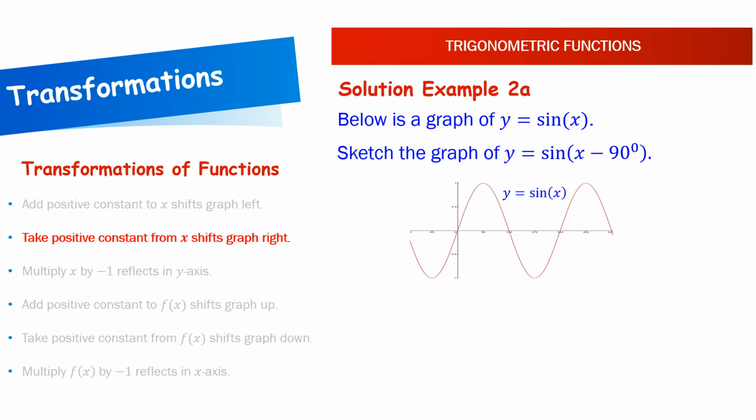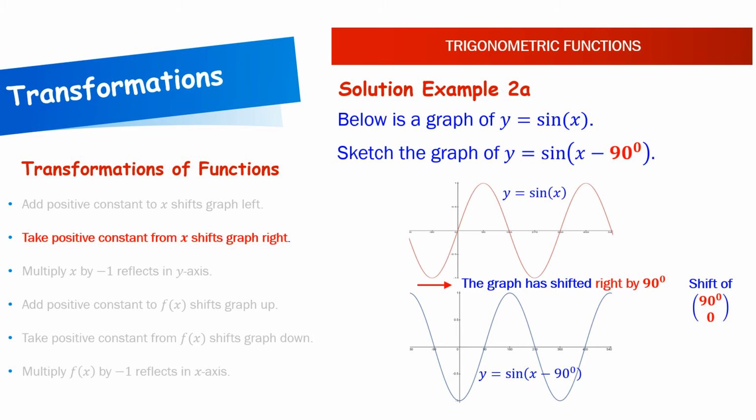So this is going to shift the graph to the right, as shown on your screen. The graph is shifted right by 90 degrees, or it's a shift of 90 degrees, 0 as a vector.